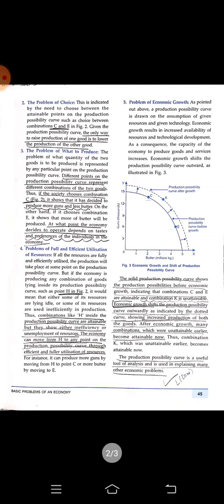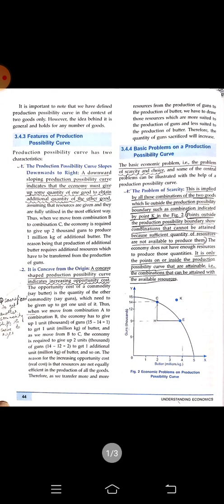Next is the problem of what to produce. Different points on the production possibility curve represent different combinations of two goods.